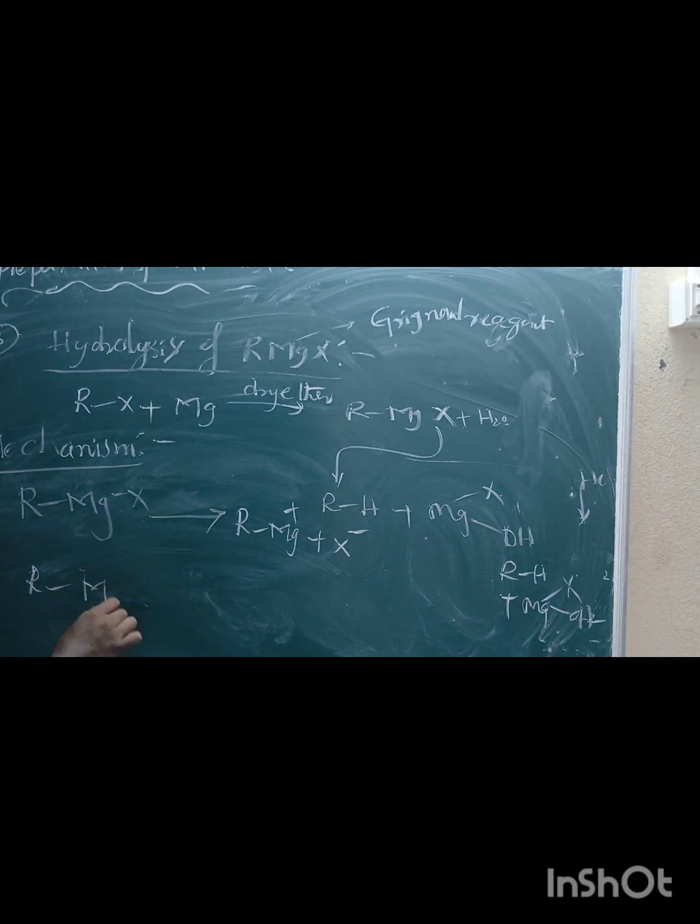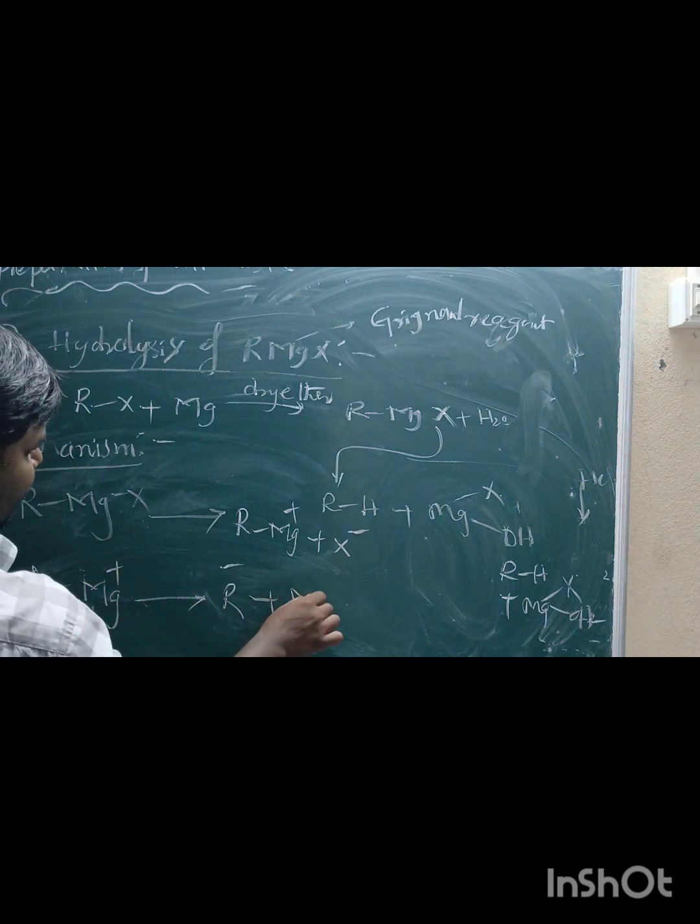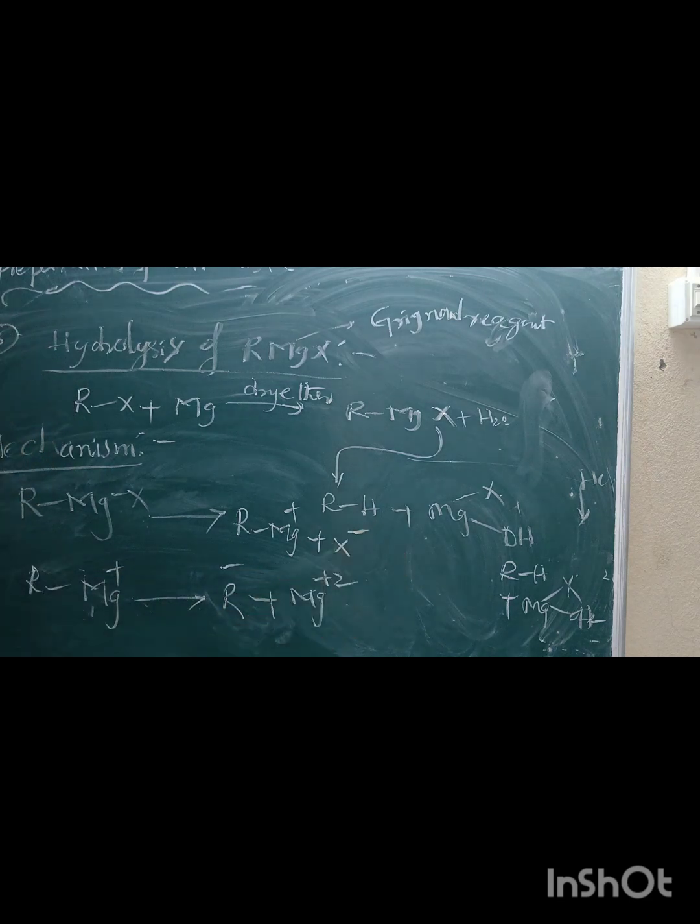This RMg plus again dissociates into R minus plus Mg 2 plus. This R minus reacts with a water molecule to form RH plus OH minus ions.